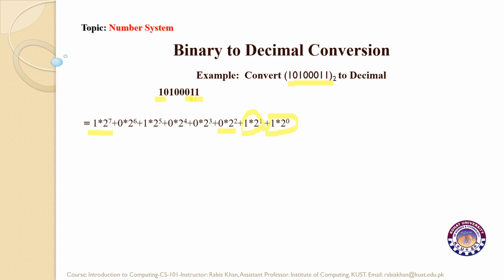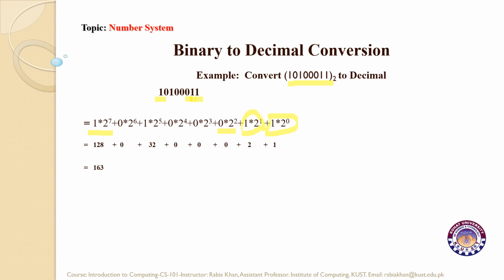After performing the multiplication, we get this result. The numbers multiplied with 0 will result in 0, and the rest, as you can see, are in front of you. Then after summing up the products, we get the result as 163.